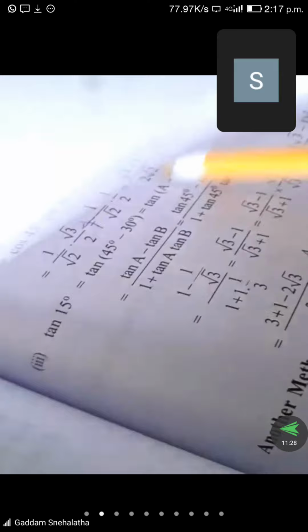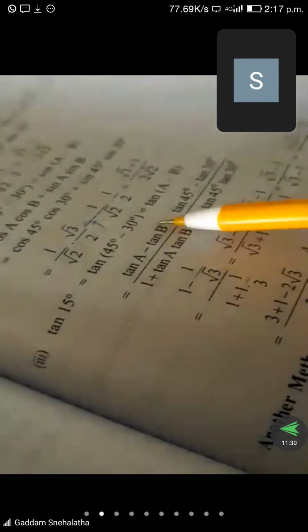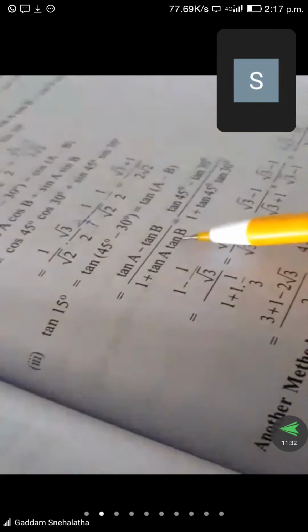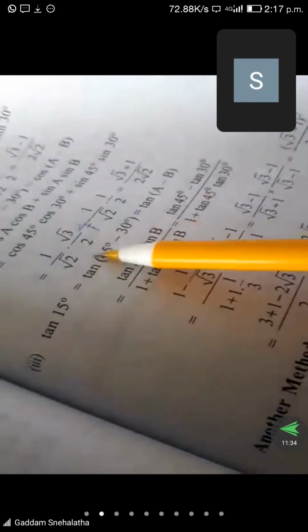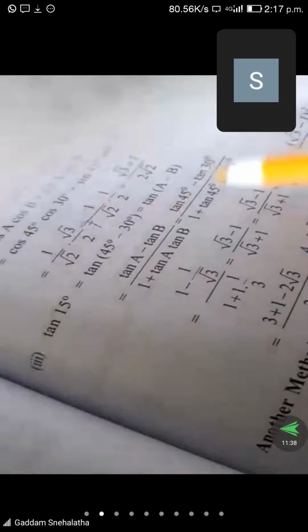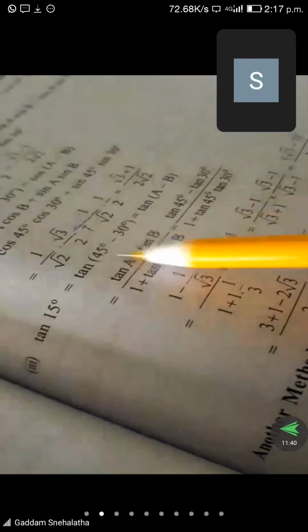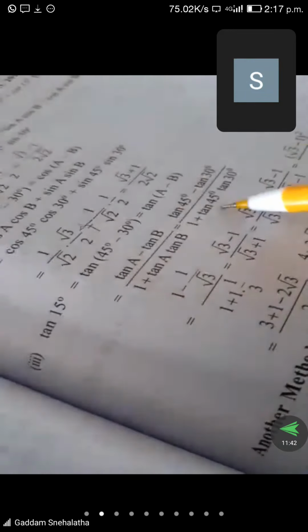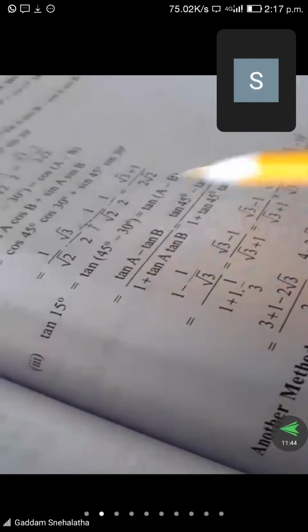Same as that, tan 15. For tan 15 we should use the formula of tan of A minus B. It is also 45 minus 30. So tan A minus B formula: tan A minus tan B by 1 plus tan A tan B. So tan of A value is 45 minus tan of B value is 30, by 1 plus tan A is tan 45 into tan B is tan 30.